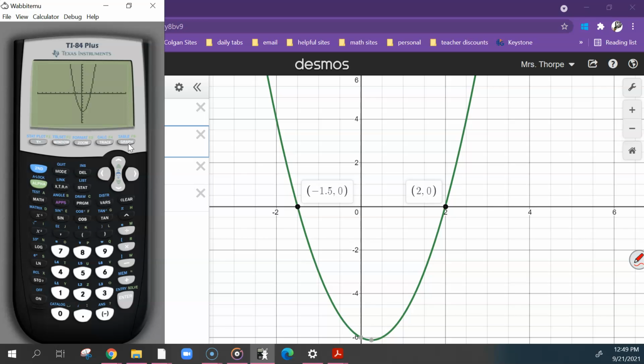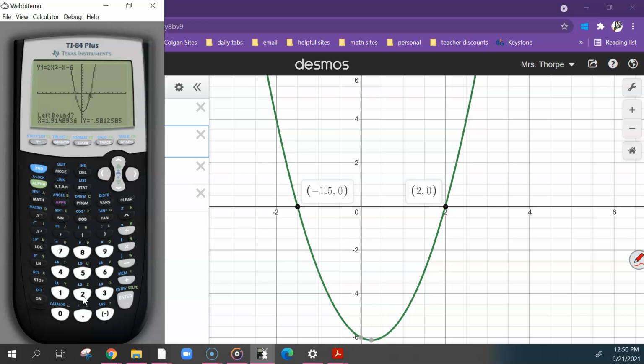But if you wanted to make sure that you weren't guessing, or maybe it looks like it goes through 2, but you're not 100%, you can go into second trace. It's going to give you options of different things your calculator can calculate. You're looking for zeros, x-intercepts, so go into that second one.